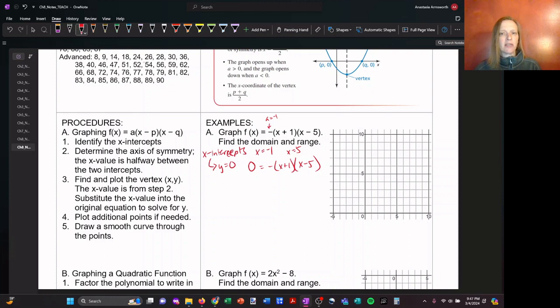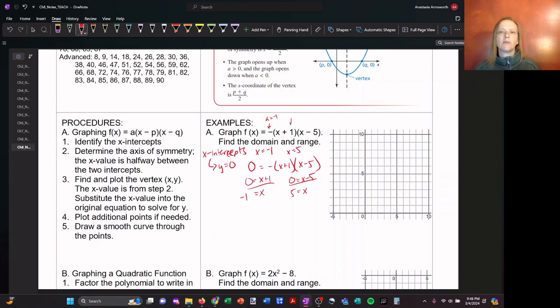So either, in this example, x plus 1 equals 0, or x minus 5 equals 0. For the first equation, if we subtract 1 from both sides of the equation, we get that x equals -1. And for the second equation, if we add 5 to both sides of the equation, we get that x equals 5.